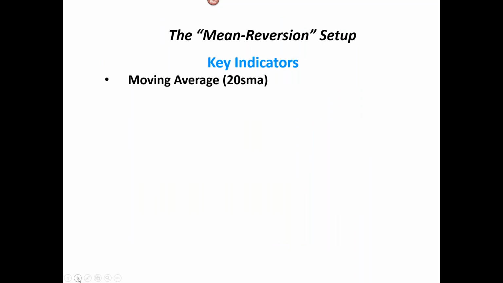Let's talk a little bit about the scan itself. The key indicators, I've mentioned these already. The moving average, we use a 20-period simple moving average. We have Bollinger Bands set at the default 20-period and 2 standard deviations away from the mean, and a candlestick chart.